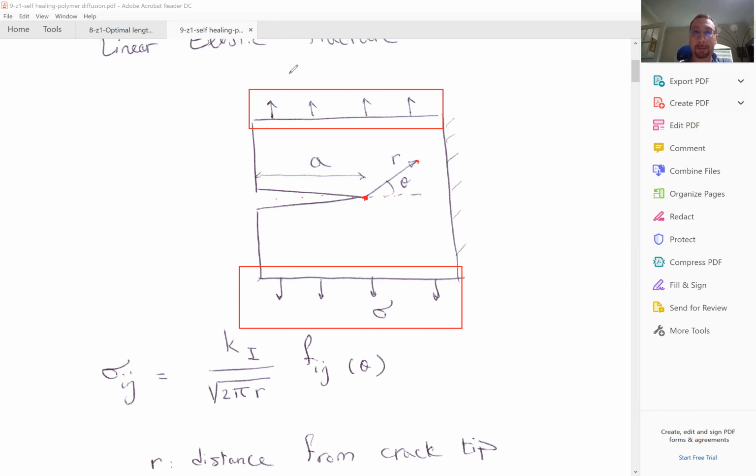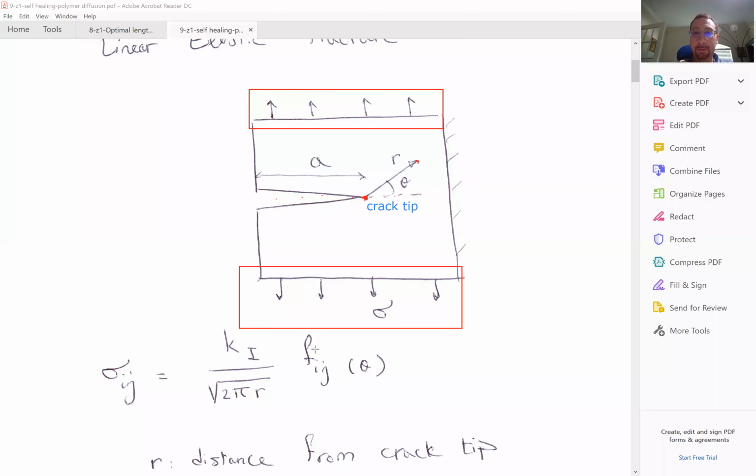So this point, we call it the crack tip. And how singular the stress is going to be, for the different components of the stress, sigma ij, is going to be K1, a constant we call the stress intensity factor, divided by the square root of 2 pi r, times a non-dimensional parameter.